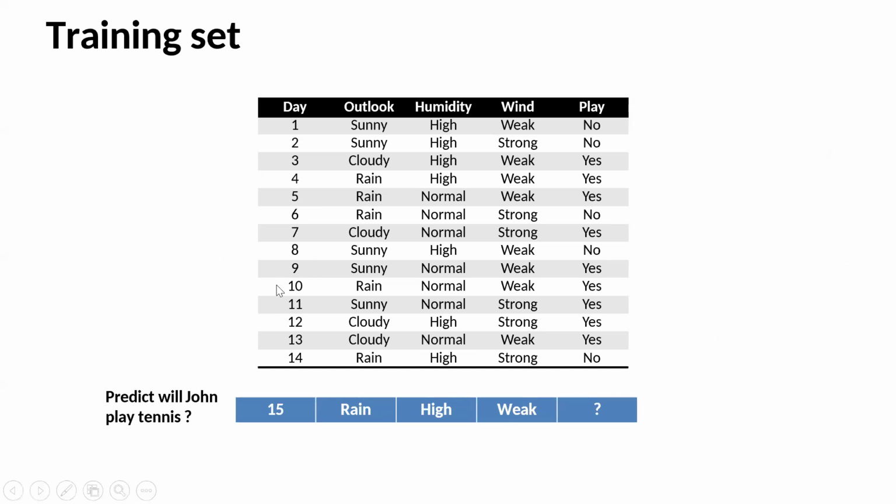There is a test instance: the day was rainy, the humidity was high and the wind was weak. You want the model to automatically decide whether the person has to go out and play or not.